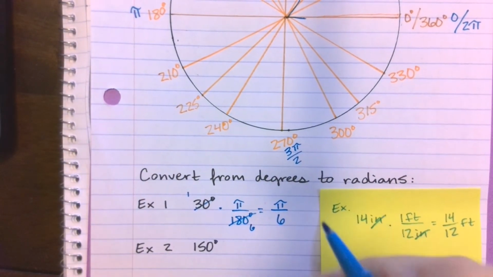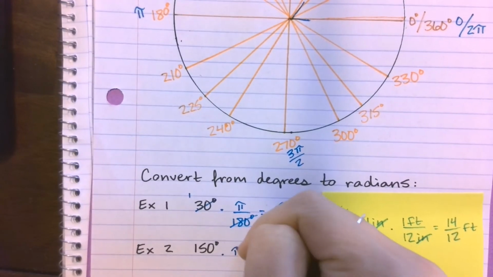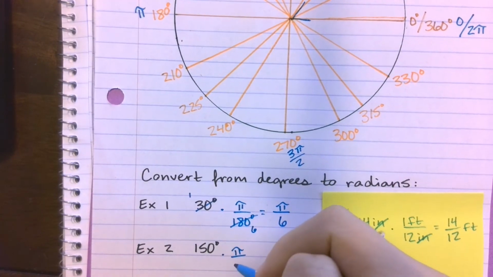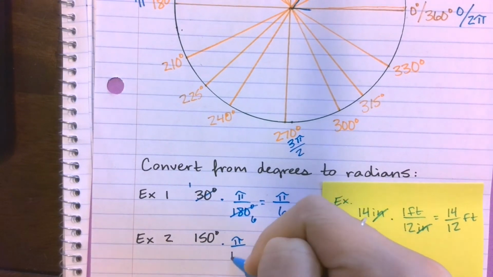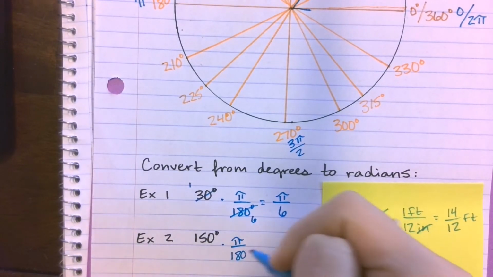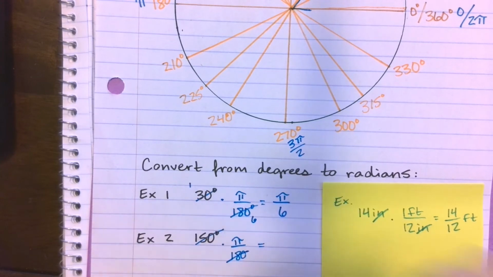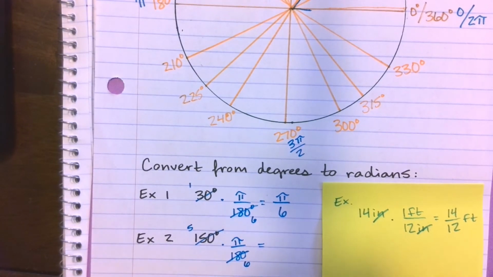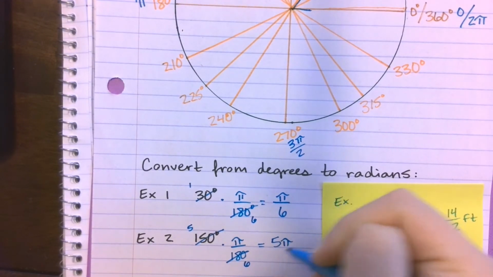Okay, with 150, same thing. It's going to be the same thing with all of the converting from degrees to radians. I'm always multiplying by that same unit ratio, my pi over 180. Similar thing happens on this one. I can divide them both by 30, and I get my 5 pi over 6.